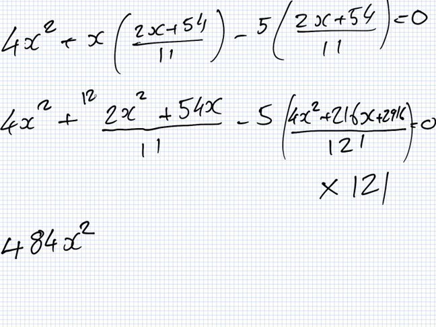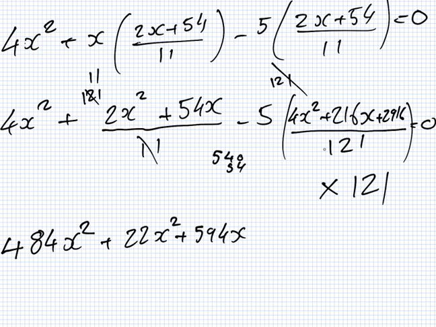When I put 121 here, that goes in 11 times, so I'll get 22x squared plus 594x. And then when I put 121 here, that's great because then they cancel. So now I have minus 20x squared plus 1080.